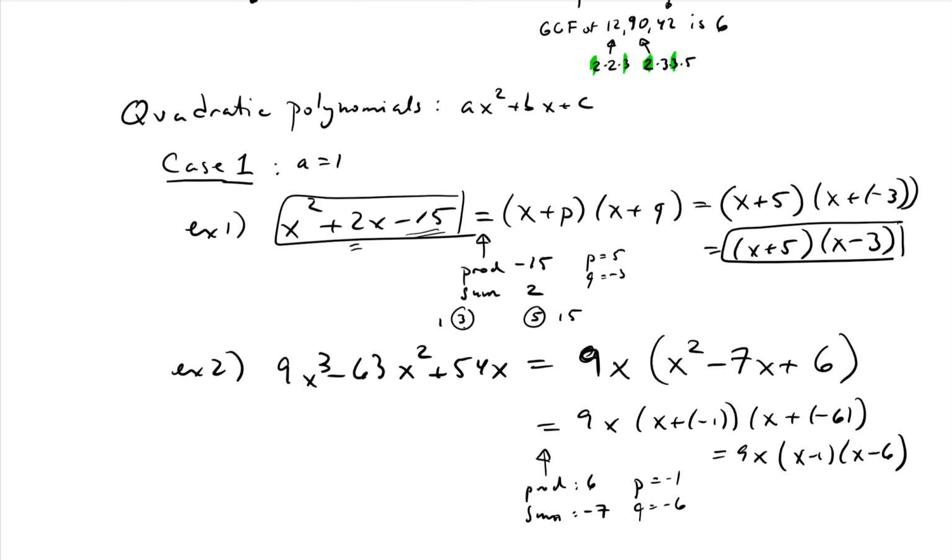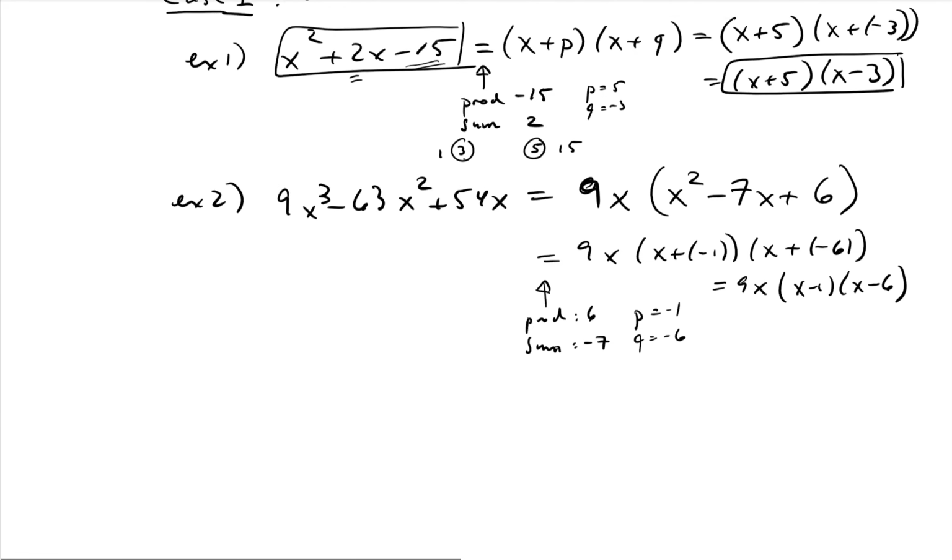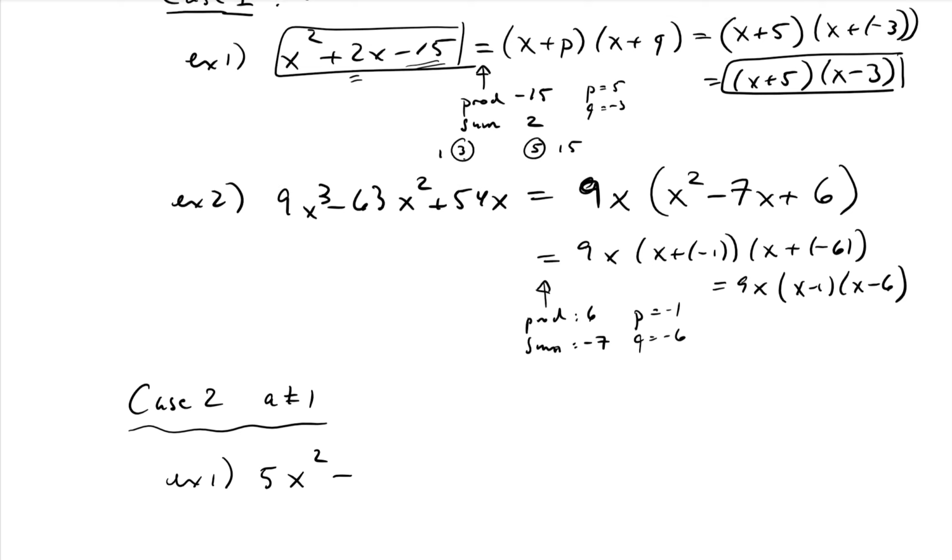Now, case 2. What if a is not 1? Example 1: I've got 5x squared plus 7x minus 6. As you can see, the leading coefficient is 5.